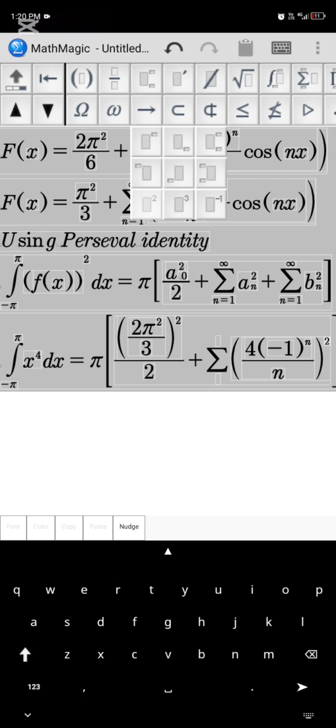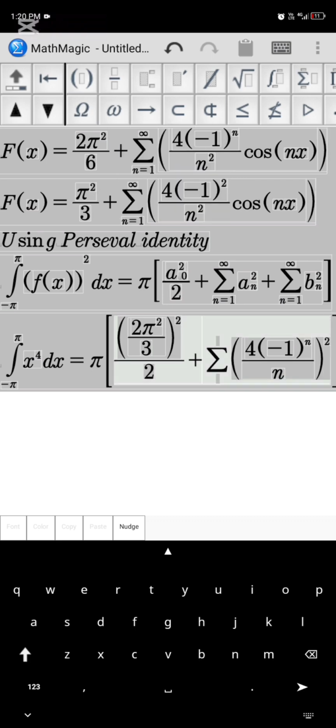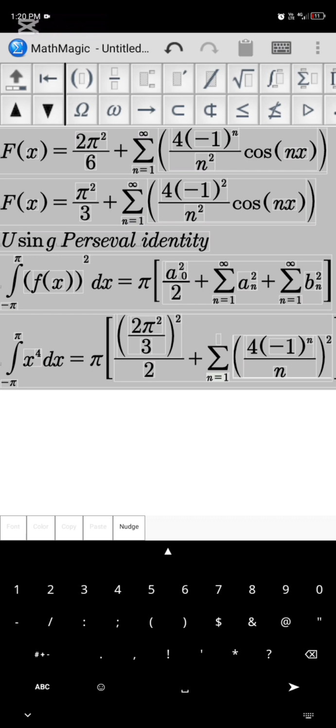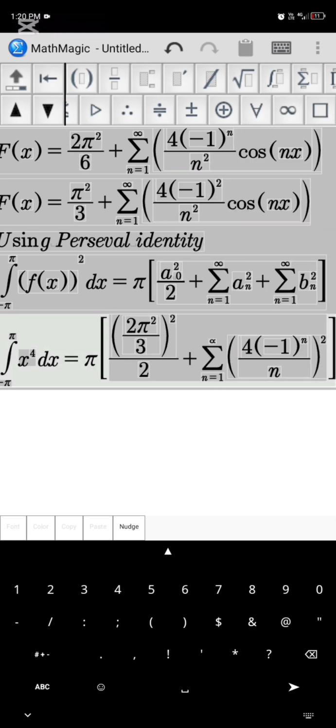Don't forget our summation is from 1 to infinity. All right, so we already know that bn is 0, so we don't need to take the summation. So 0 squared will just give us 0, so we can neglect our bn. So just focus on the remaining one.